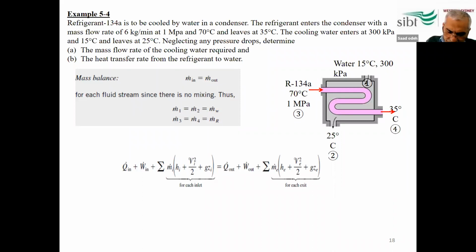Okay, so we know this from mass balance, and that's why we can say the mass flow rate of water inlet and exit are the same, and mass flow rate of refrigerant inlet and exit will be the same, right? So it's given here m dot 3, m dot 4 is for the refrigerant, and m dot 1 and m dot 2, this is 1 and 2 for the water. All right, so these are given. The only thing we don't know is the m dot water.